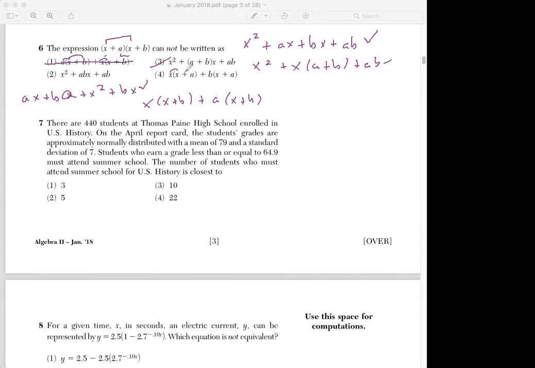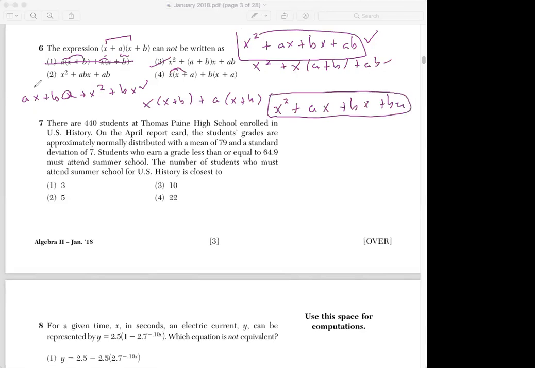Let's distribute all of this. You get x squared plus ax plus bx plus ba. This and this are also the same. So this is the one it can't be written as. The answer is choice 2.